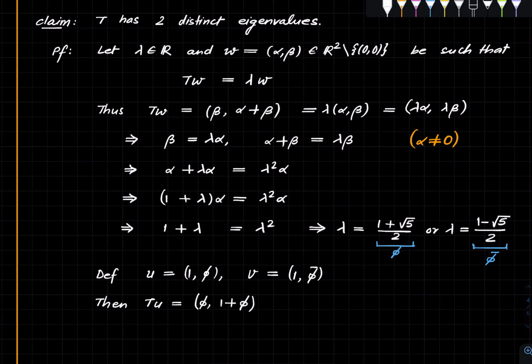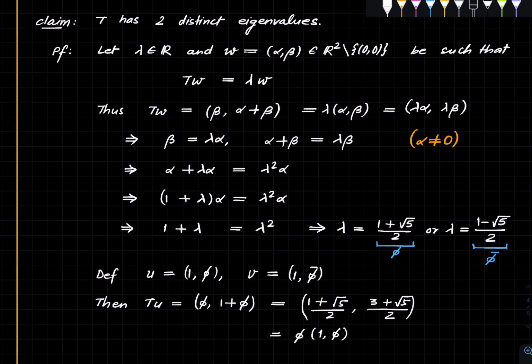That's what TU is, which is equal to (1 plus root 5 by 2, comma, what is 1 plus phi?) Unfortunately, it is 3 plus root 5 by 2. And I want to show that this is equal to phi times (1, phi).